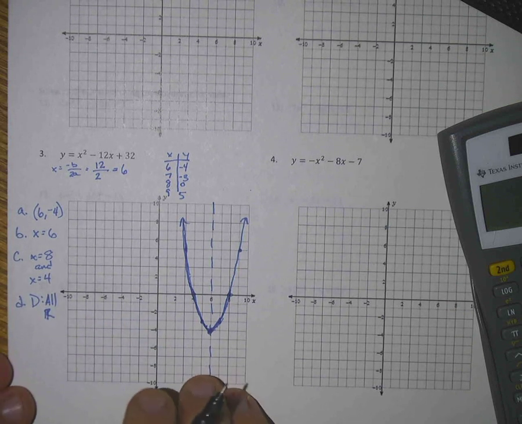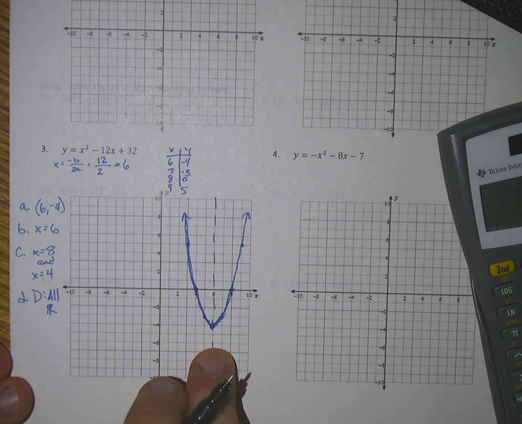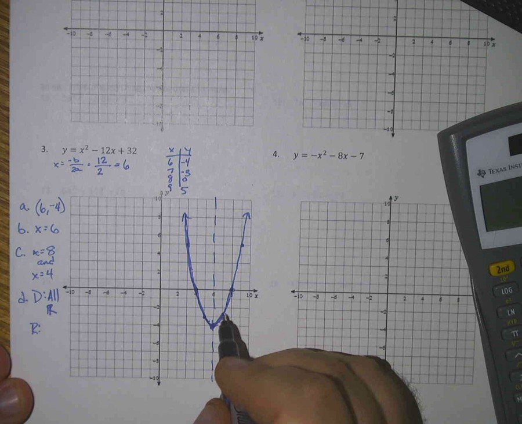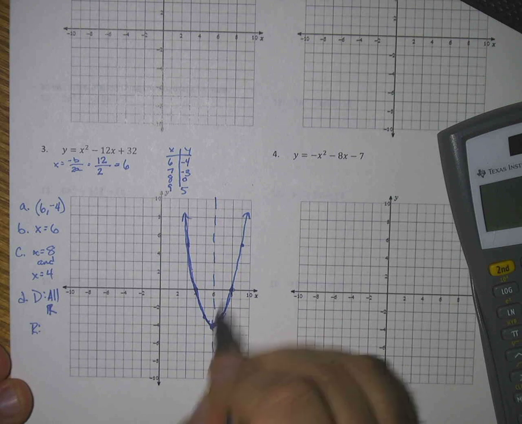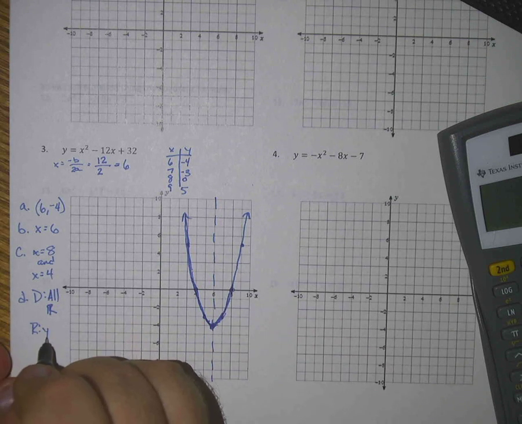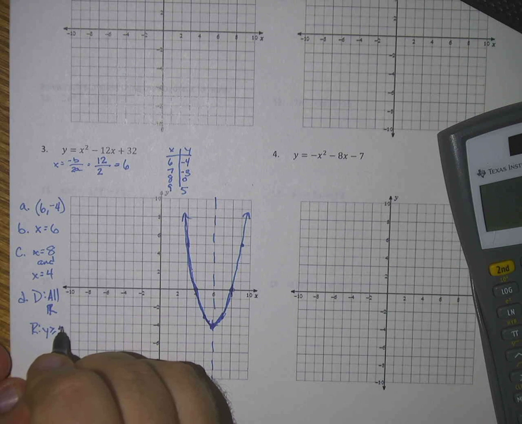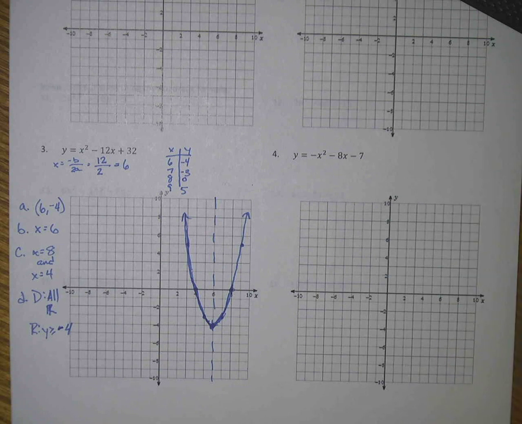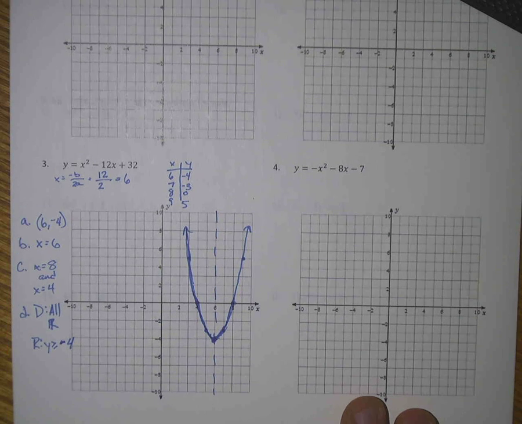We can use any x value we want, but the range starts at negative 4 and goes upwards. So y has to be greater than or equal to negative 4. That's all the parts of that question, and it didn't take us that long to do it. It feels like a lot of work, but it's really not.